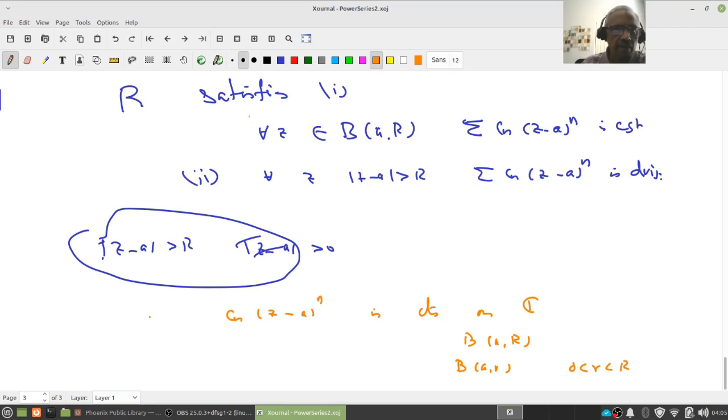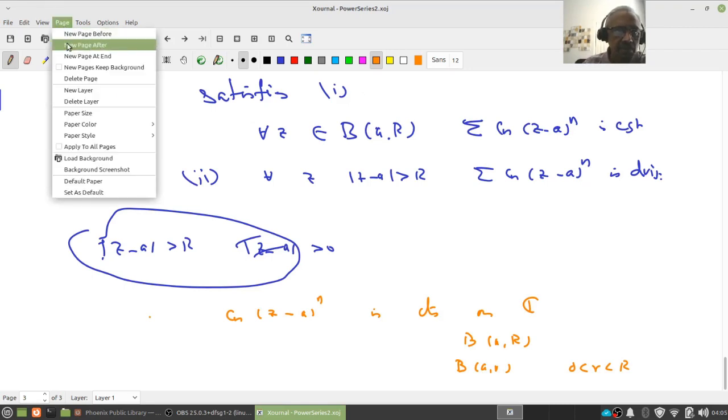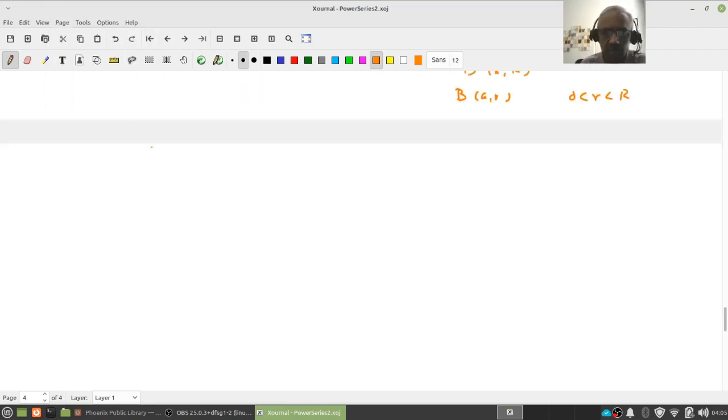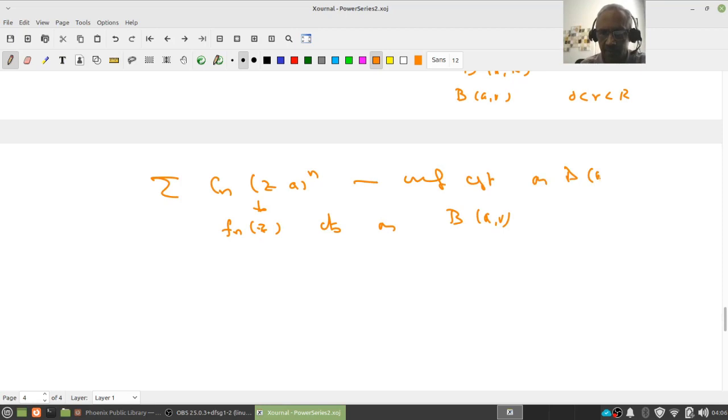So what I have shown is that this sequence c_n (z minus a)^n, call it f_n(z), consists of continuous functions on B(a, r), and this series is uniformly convergent on B(a, r). And you know the uniform limit of a sequence of continuous functions is continuous, therefore this is continuous.